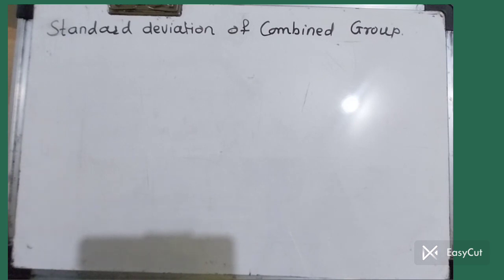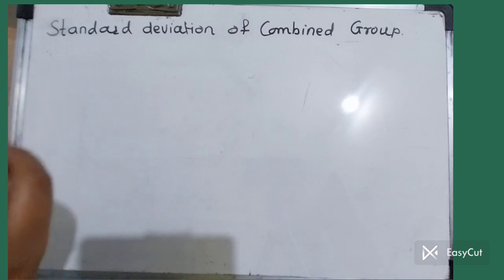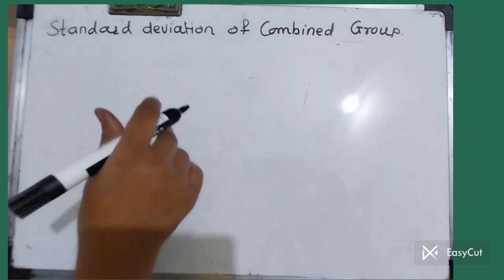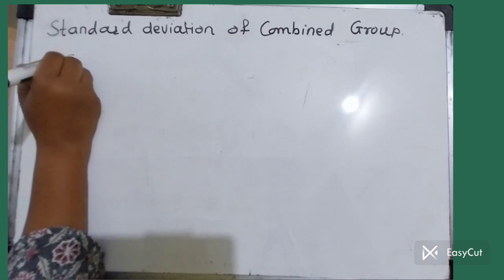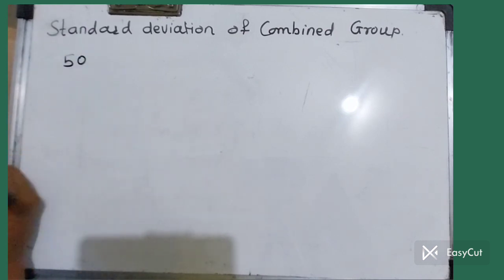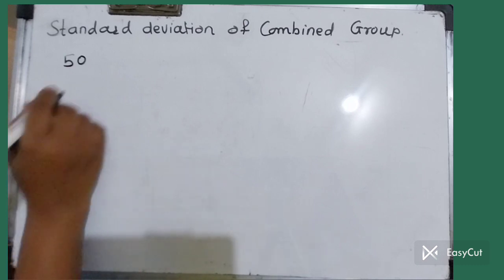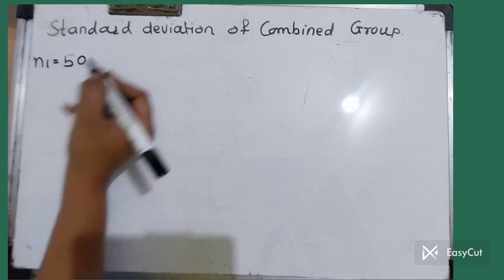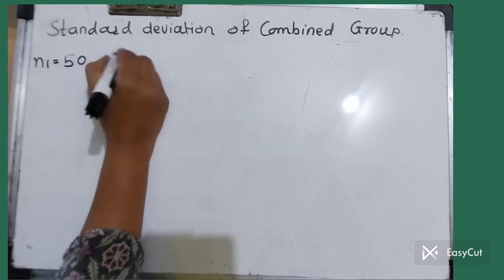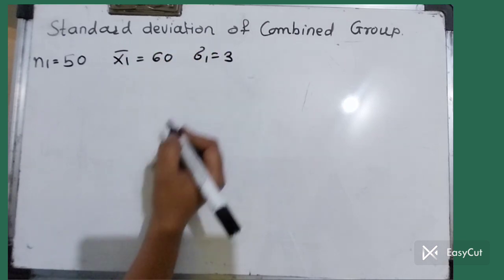Example number 31. Okay, I read this. For a set of 50 atoms, okay, total atoms are 50. The mean and standard deviation are 60 and 3 respectively. Means N1 is 50 here, mean X1 bar is 60 and sigma 1 is 3.